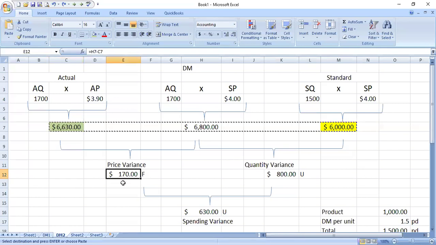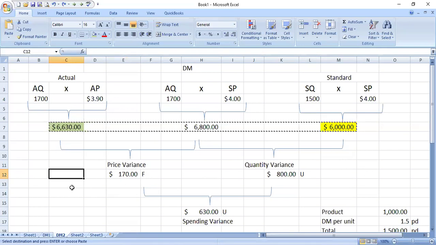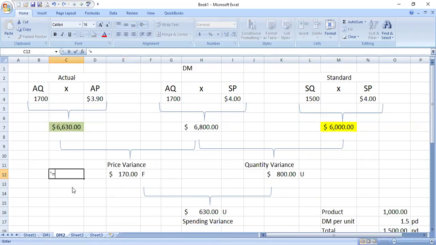That was 170. The other way you can get to 170 is I have 1,700 pounds, correct? And how much is the change in the price? 10 cents. And that's going to give you 170.